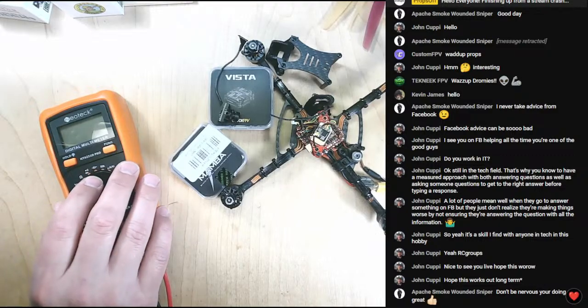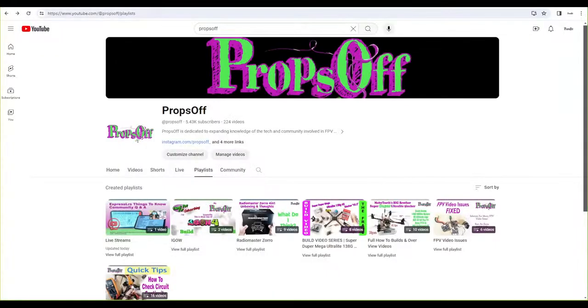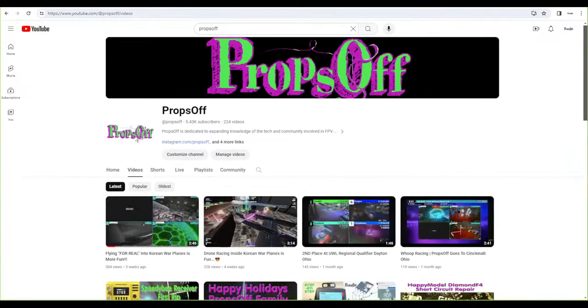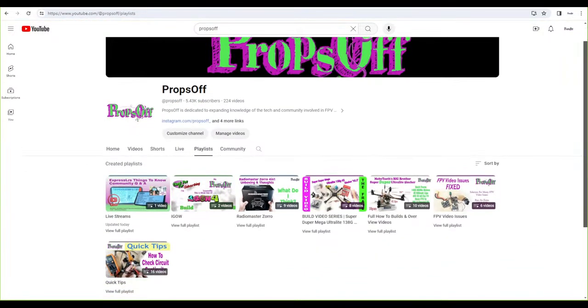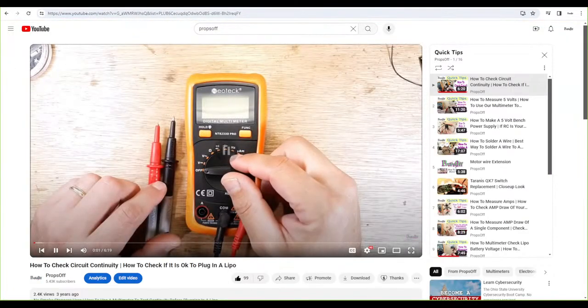All that, how to measure the balance lead. I think I had that. Let me see here. So that's in my playlist in the quick tips. I wonder how to open this up without it actually playing though.